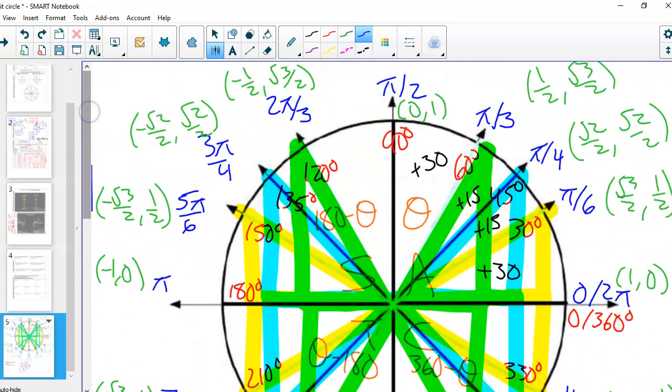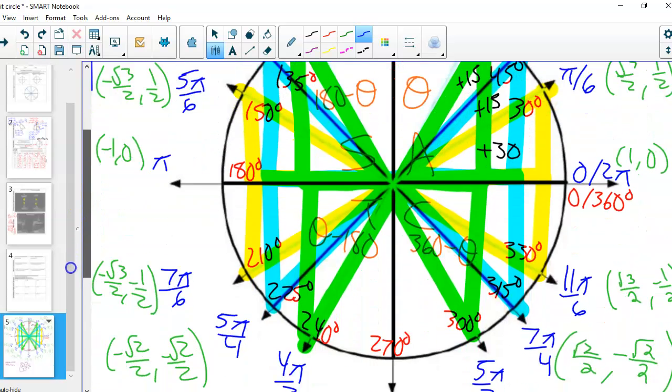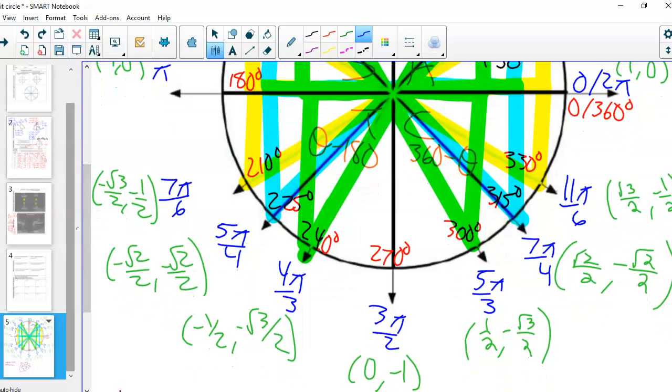If you're looking at your radians, in quadrant 1, all of the radians have 1 pi over your denominators. In the second quadrant, all of your radians are 1 more in your denominator than your numerator. In your third quadrant, your numerator is 1 digit more than your denominator.